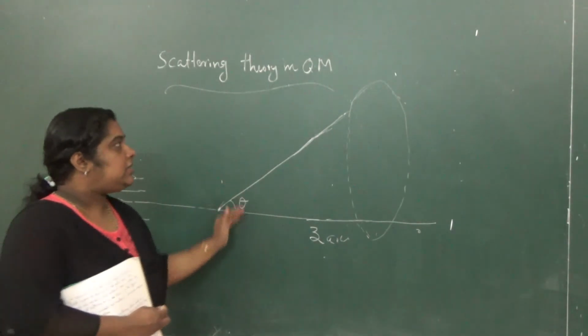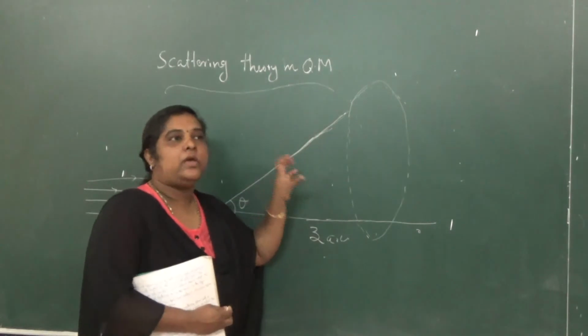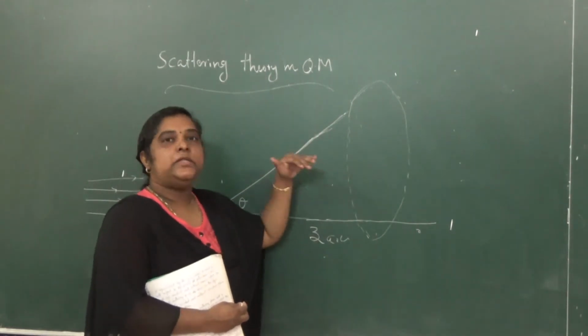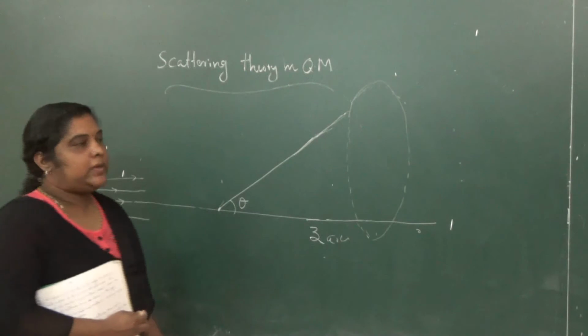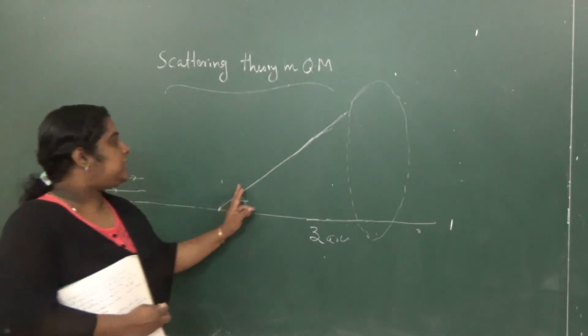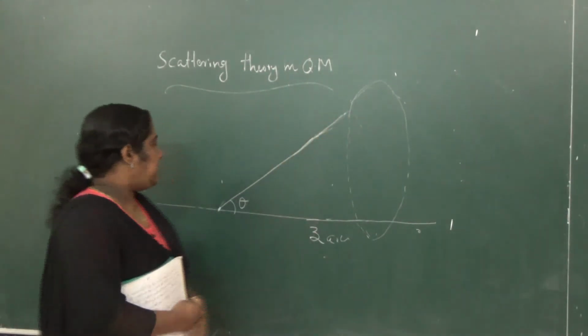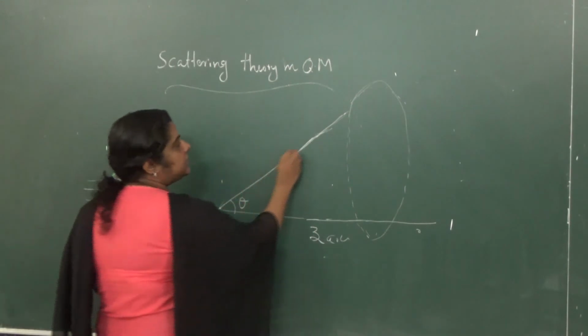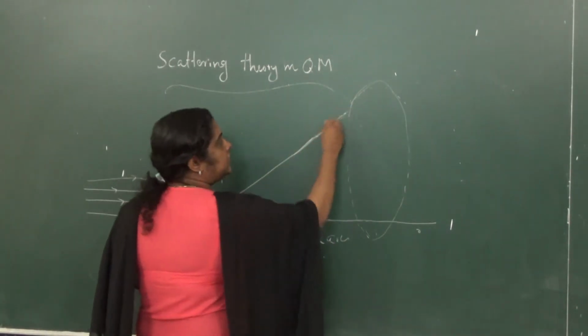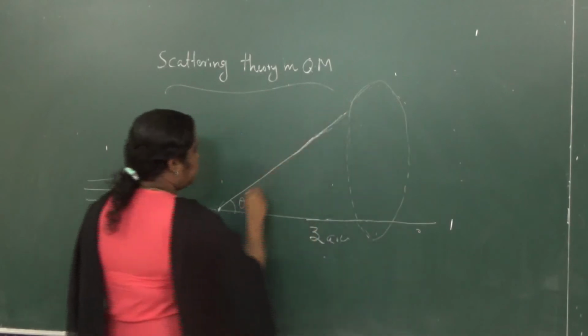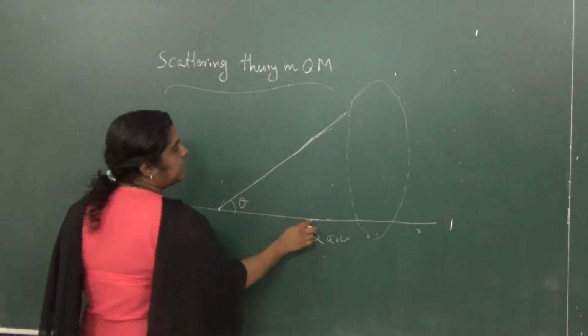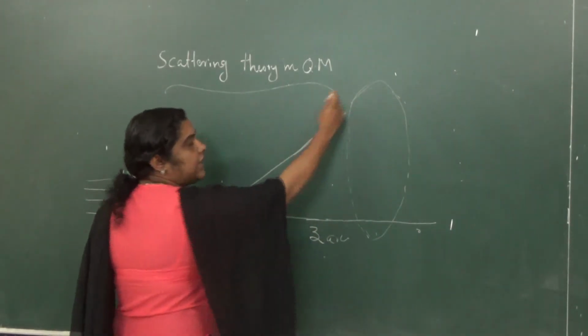Since it has spherical symmetry, we deal with the system in spherical polar coordinates. Here theta is the angle by which the scattered beam is deviated, the angle between the z axis and the direction of the scattered beam.